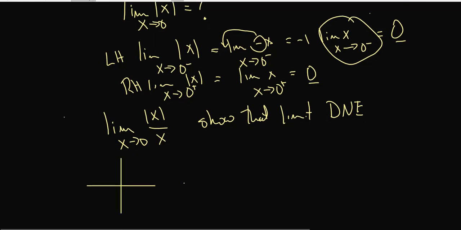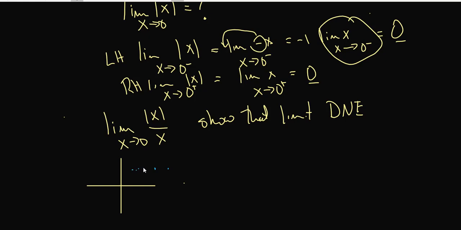So when x is positive, what do we get? When x is positive, let's say put in 5, what do you get? Absolute value of 5 is 5, divided by 5 is 1. So when x is 5, you get 1. When x is 6, absolute value of 6 is 6, over 6 you get 1. When x is 2, absolute value of 2 is 2, over 2 is 1.